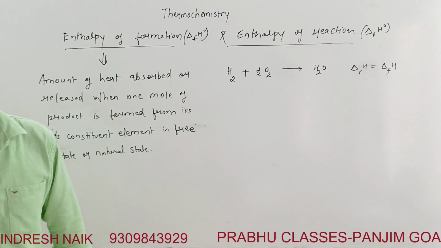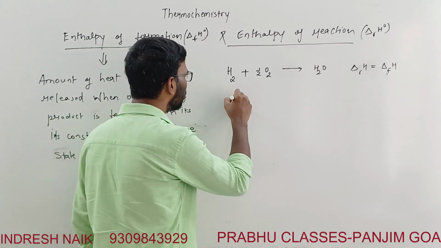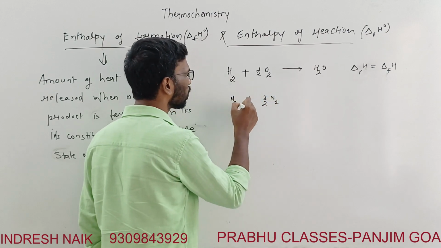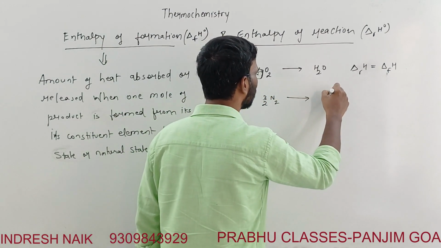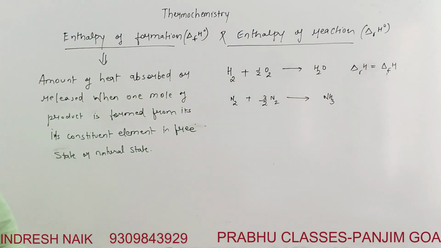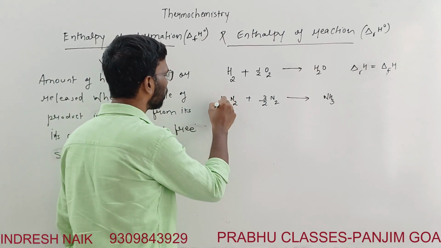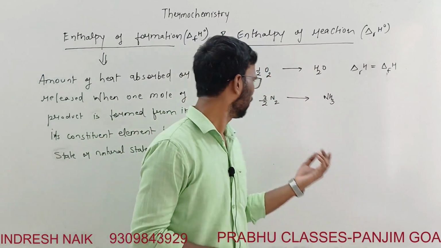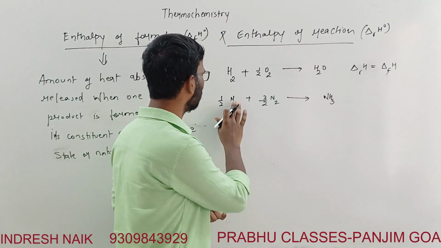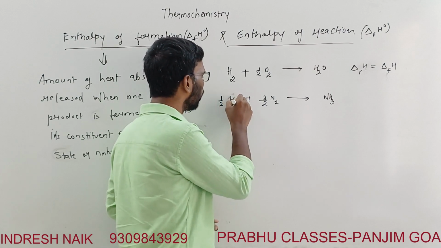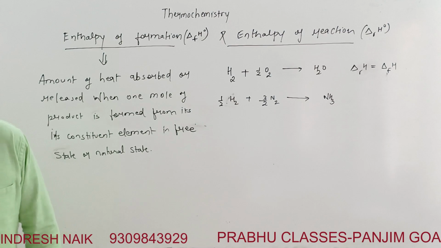We can take more examples like nitrogen. Half moles. Why am I doing this kind of balancing? This is H2, this is half mole of H2, and 3 by 2 rather than a normal coefficient.